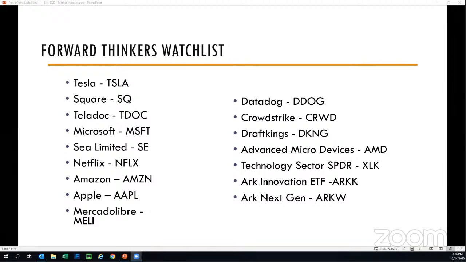I think one of the plays that we talked about early September is the same one that is on our watch list, that ARKK. Personally, on one of my ARKKs, I'm up about 144%, and it's only been like 30 days. So that's one of my golden children right now.